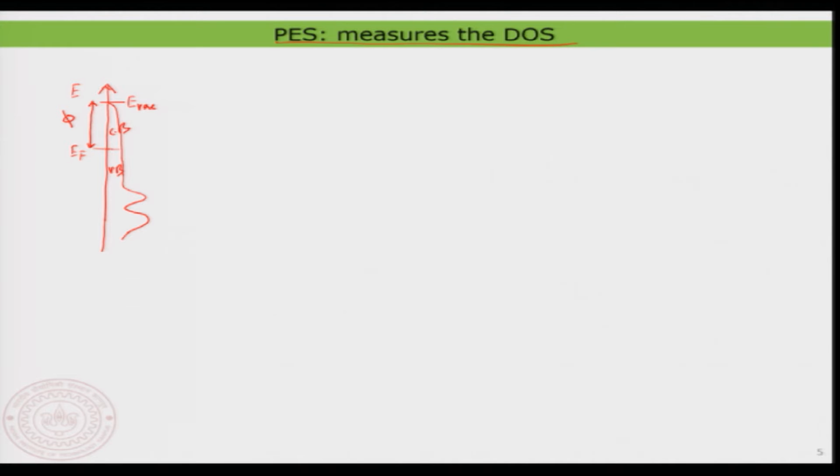The vacuum energy is the energy above which you can remove the electrons from the material itself. The work function is therefore an indicator of the minimum energy required to remove an electron from the material. You might have studied that in the photoelectric effect itself.